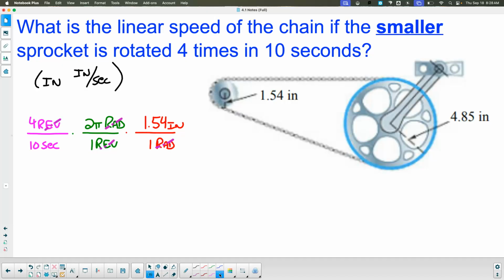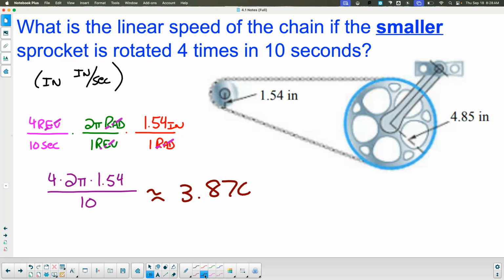So in inches per second now, we are multiplying 4 times 2 pi times 1.54, all divided by 10, which gets me 3.870 inches per second. Questions, comments, concerns, clarifications?